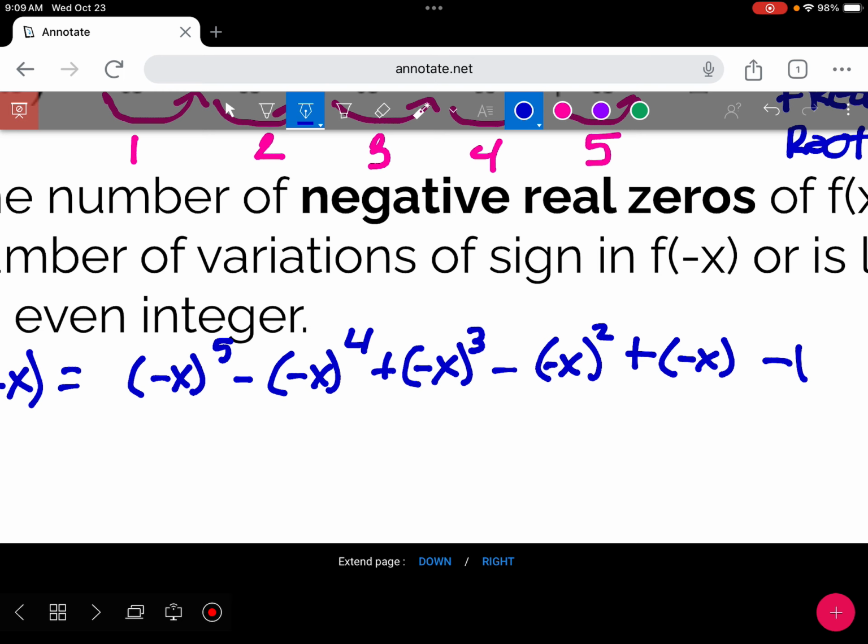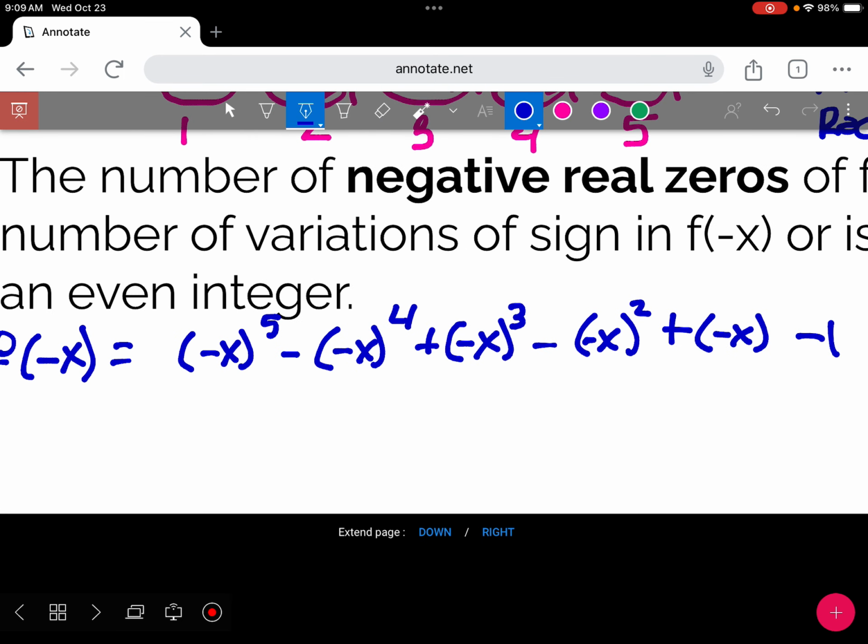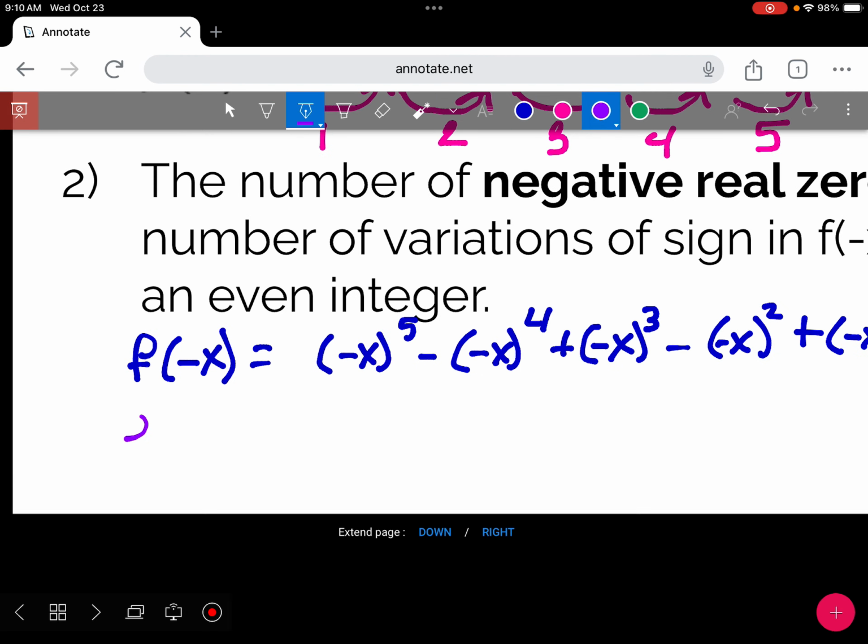And then we come through and simplify this, getting rid of all those parentheses. We're seeing what happens to the signs here. For the first term in f of minus x, is our negative sign going to hang out or disappear? Hang out. This is the same thing as the opposite of x to the 5th.